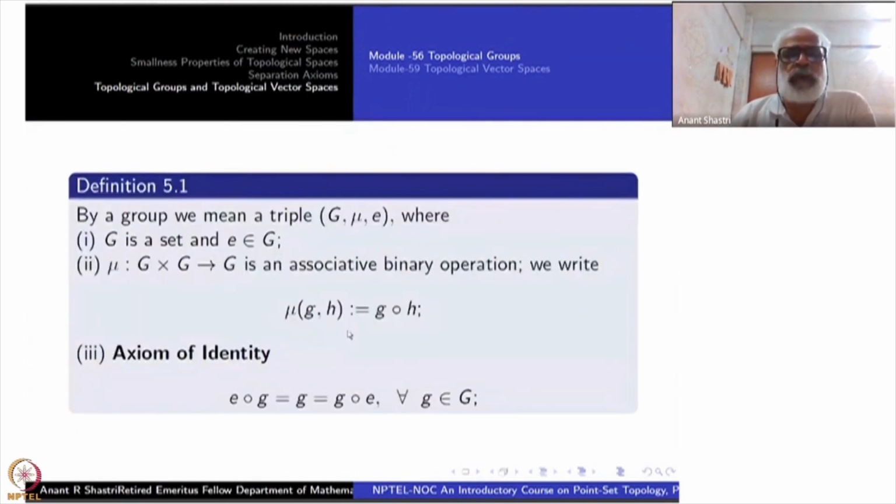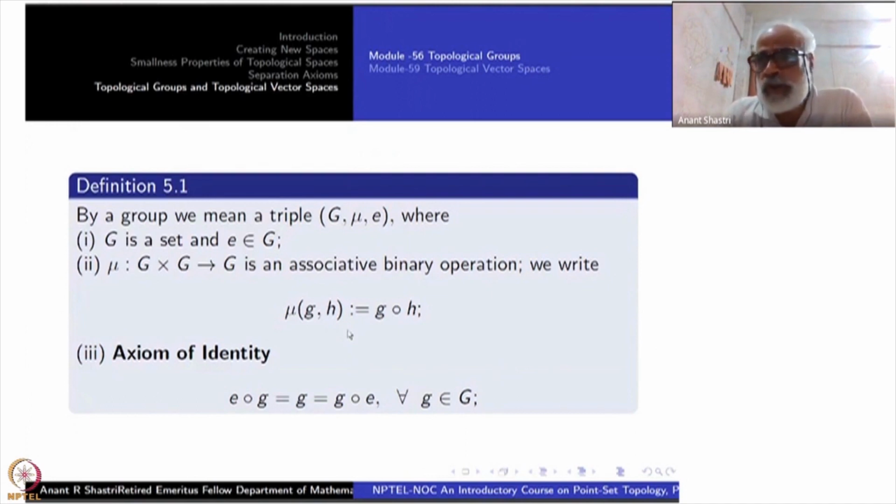First of all, you may treat a group as an ordered triple of a set G, a binary operation mu and a distinguished element E, where G is a set, mu is a map G cross G to G, that is the meaning of binary operation, which is associative.